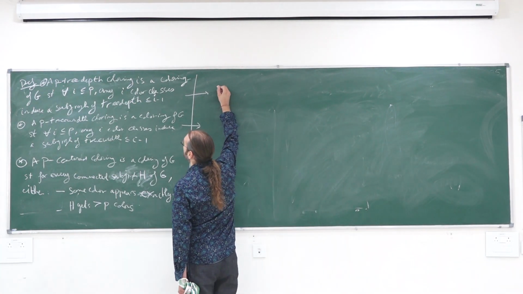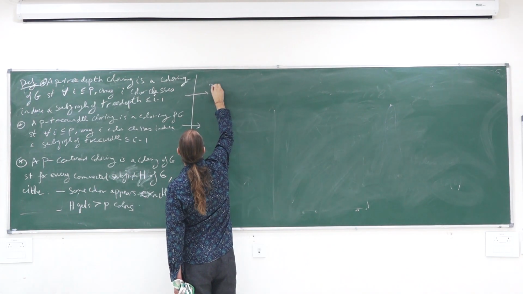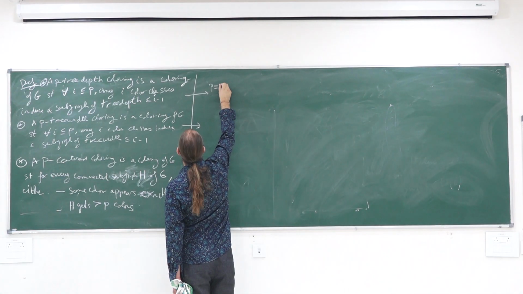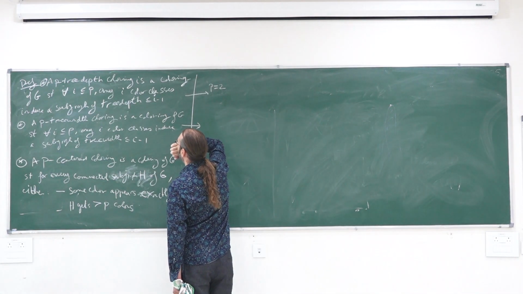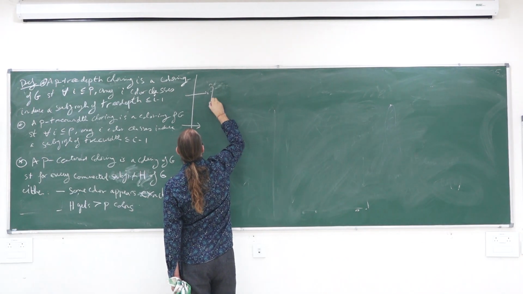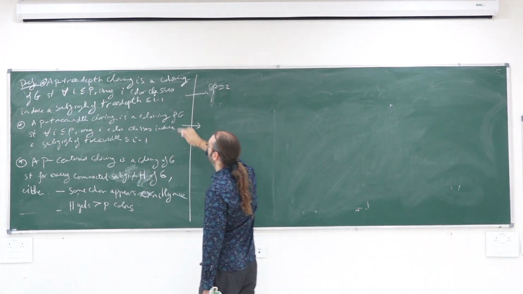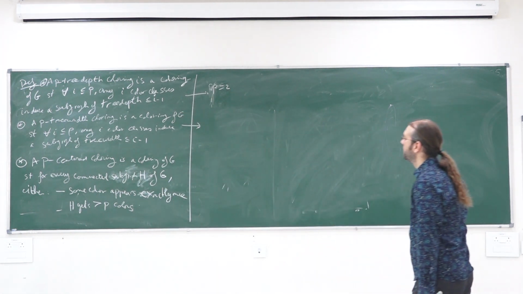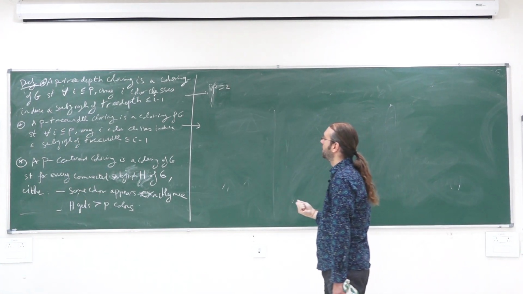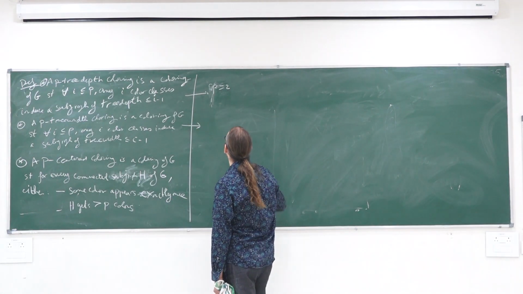So for P equals 1, this one will be, I think, the star coloring, because that means any two color classes have tree depth 1, which is a collection of stars.